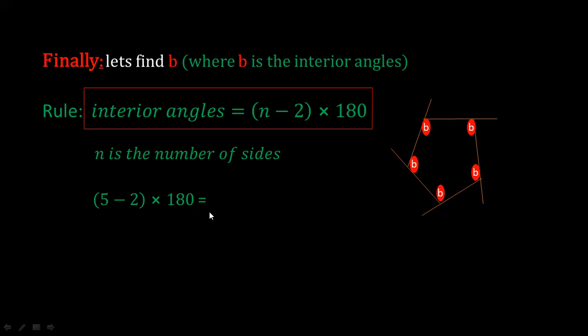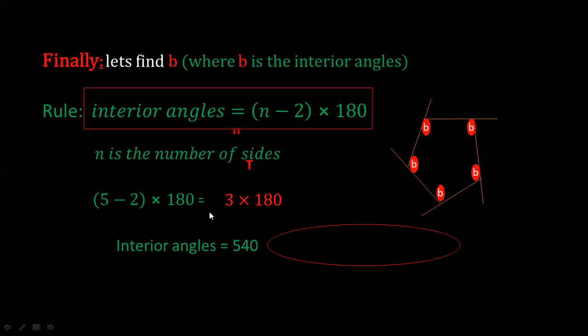If you calculate this using a calculator or using only our brain, 5 minus 2 equals 3, multiplied by 180. So the final answer, the interior angles, equals 540.